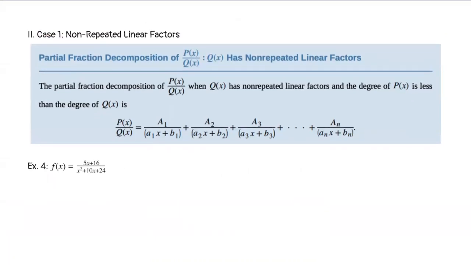So our first case here is non-repeated linear factors. This is very fancy notation, but all this means is that when you factor the denominator, you're going to get a bunch of linear factors.